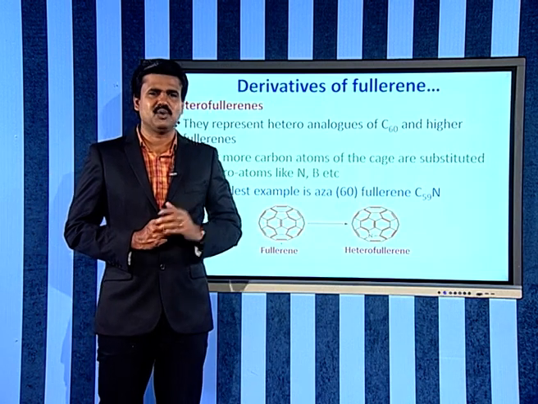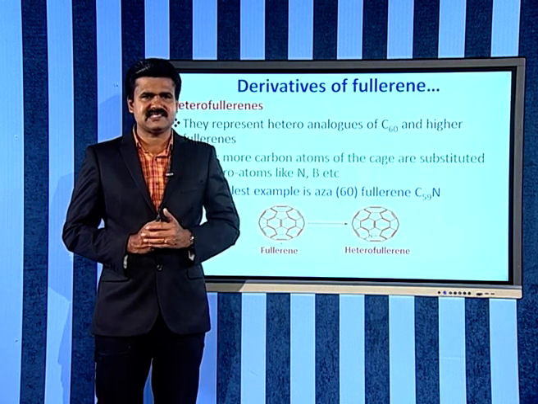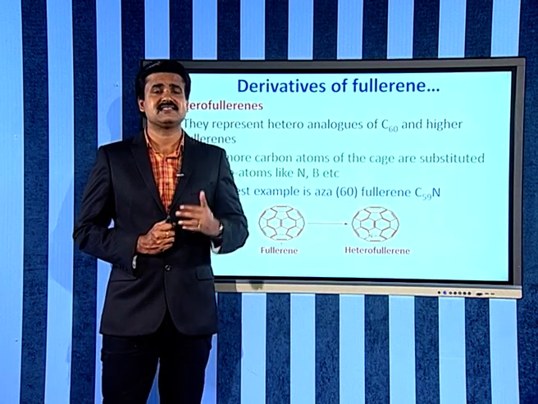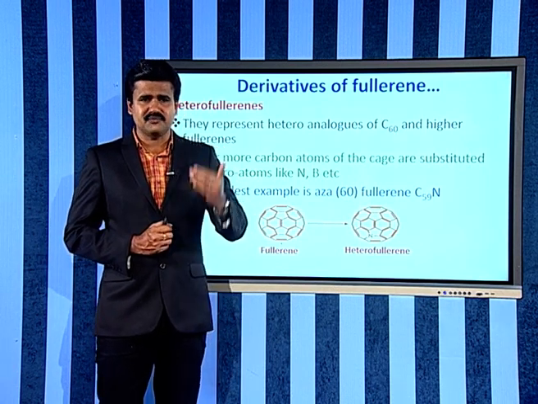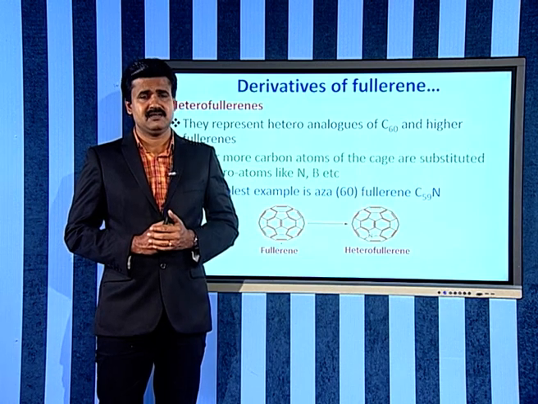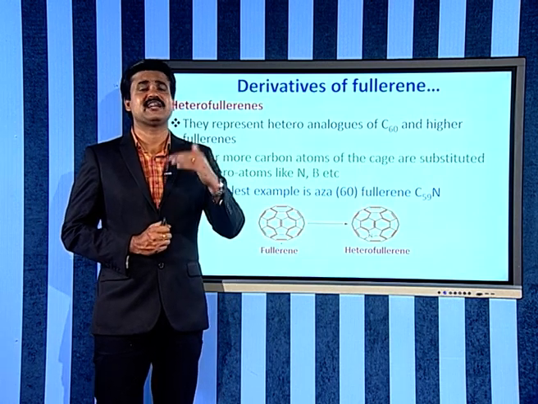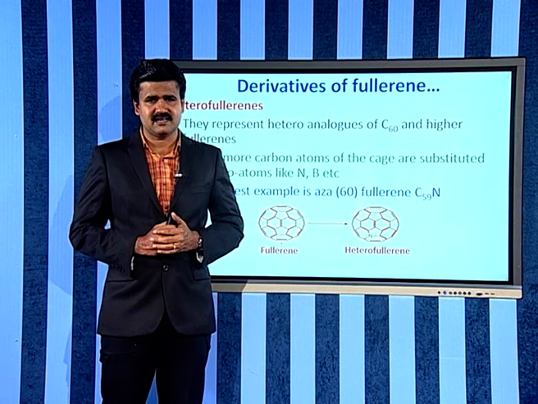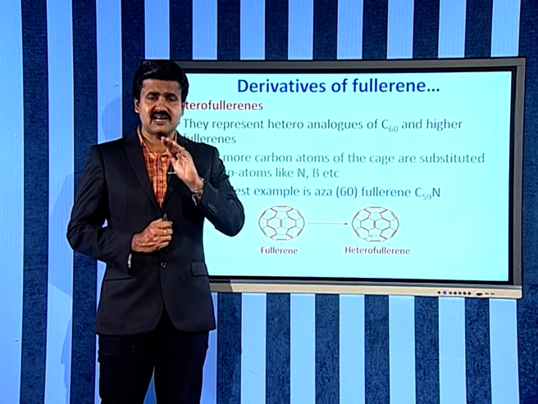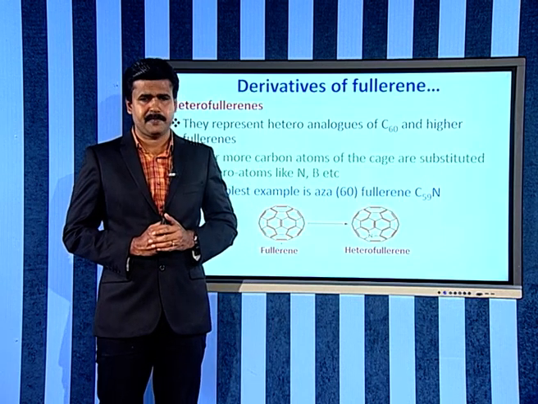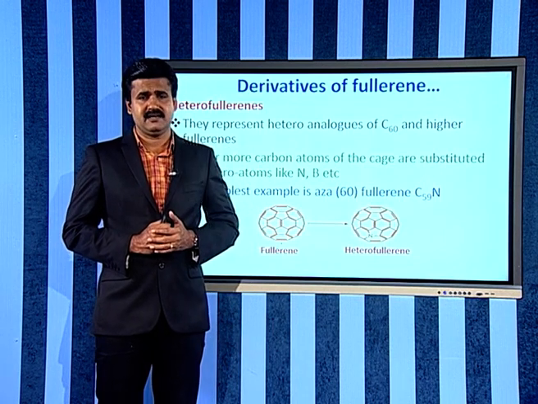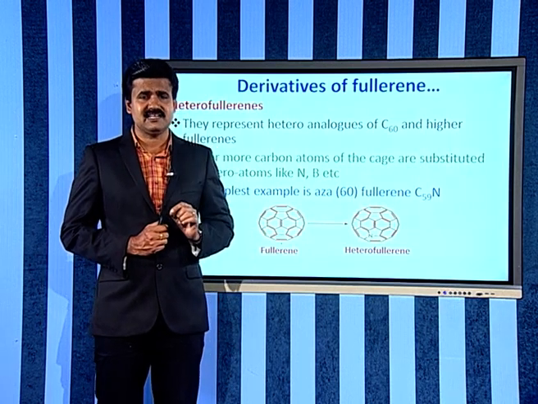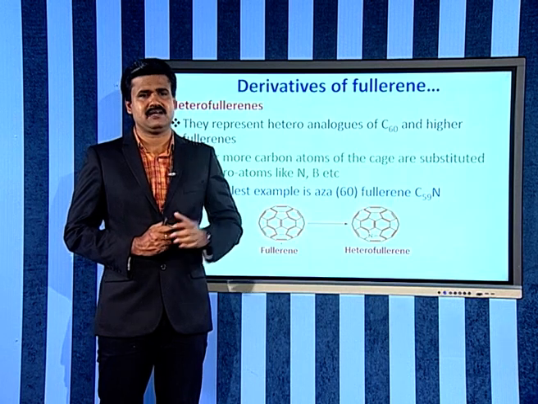Another category of fullerene is heterofullerenes. Hetero means different. We are all aware of carbocyclic rings and heterocyclic rings. Benzene is a carbocyclic ring which contains only carbon atoms in the ring. But in the case of pyridine, in addition to carbon, a heteroatom, nitrogen, is placed as a part of the ring.